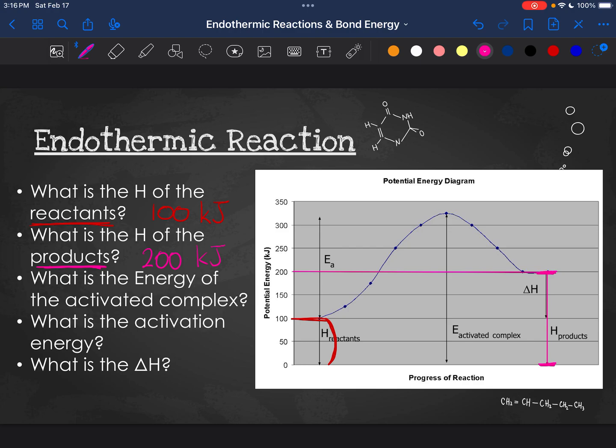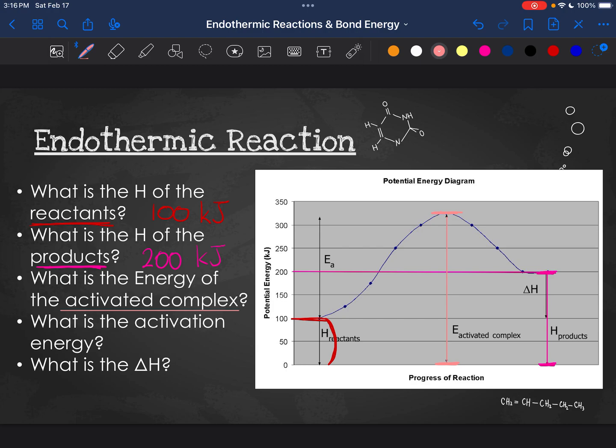Okay, so we know that part. Now the other question is asking, what is the activated complex? Sometimes the questions will be presented really hefty with words, but the key words you have to remember are those words that we mentioned previously. So the activated complex, as you can see, is the peak.